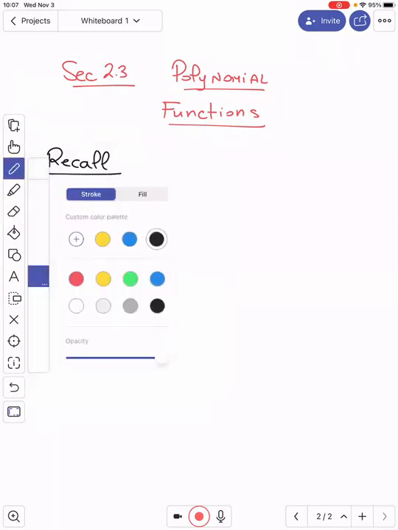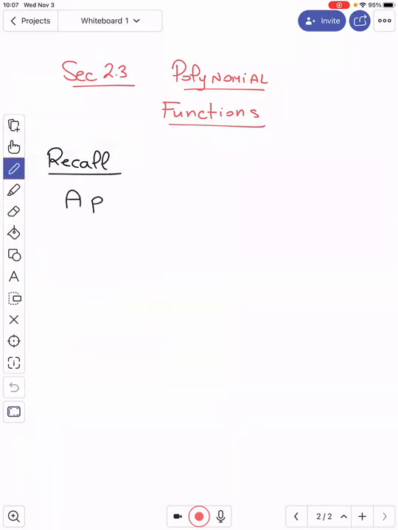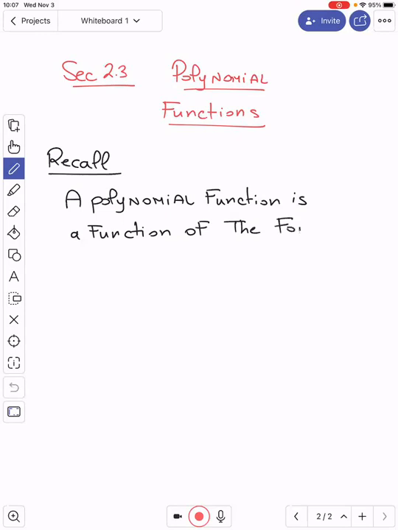A polynomial function f of x is a function of the form f of x equal to a combination of powers of x.